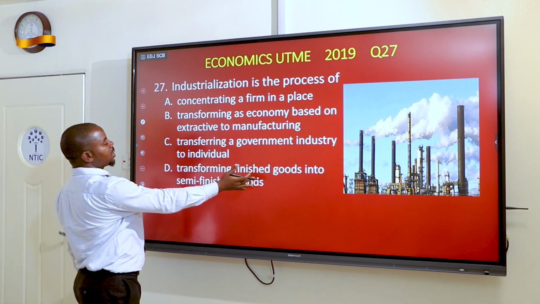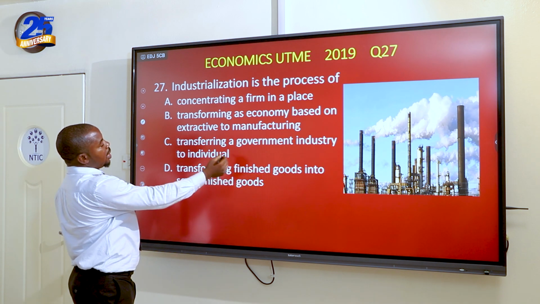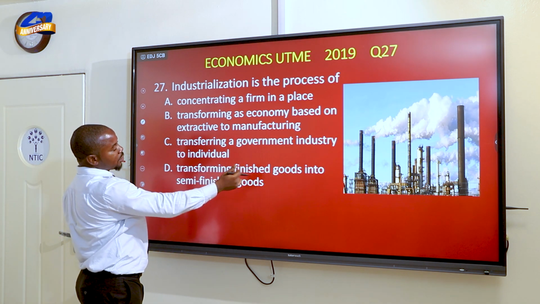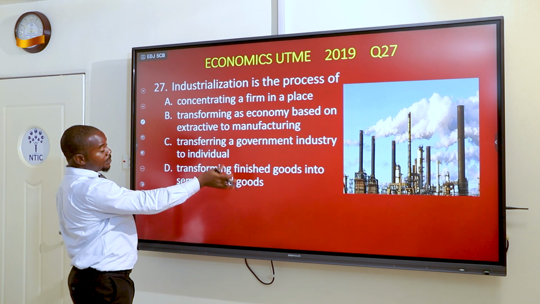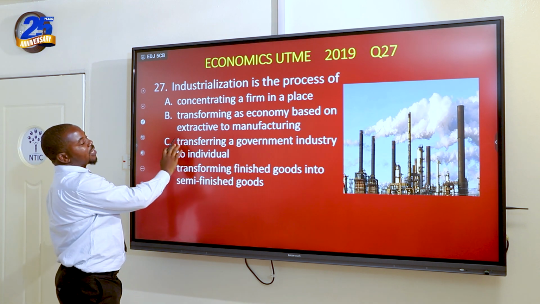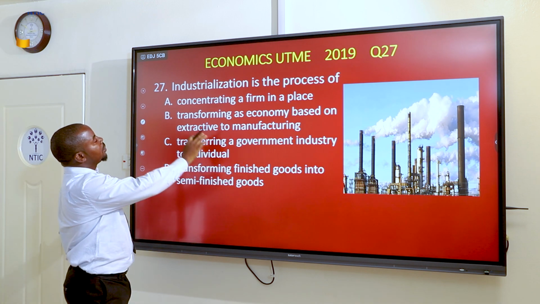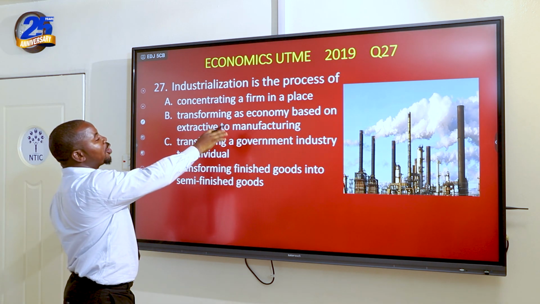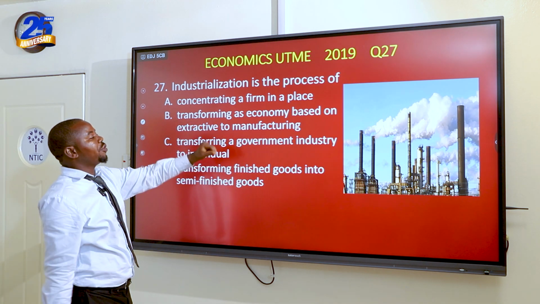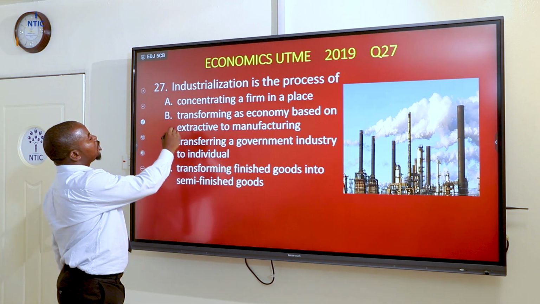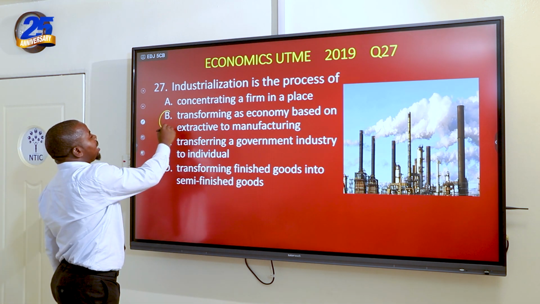So this one has to do with manufacturing. Finished goods to semi-finished goods? That's semi-finished goods to finished goods. That's manufacturing. Then transferring the government industry to individual, that's privatization. Then transforming an economy based on extractive to manufacturing, that's what we mean by industrialization. So the correct answer is B.